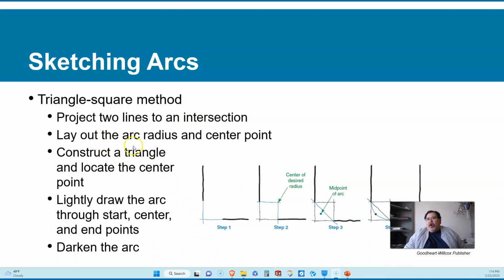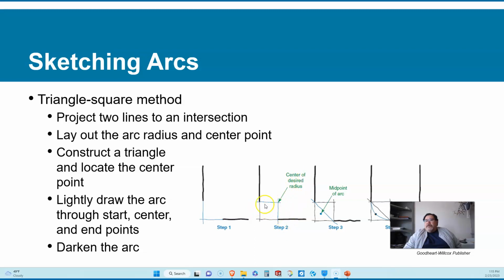And then you're going to lay out an arc radius and a center point. So now in step 2, lay out the arc radius and the center point, which is these 2 lines here.